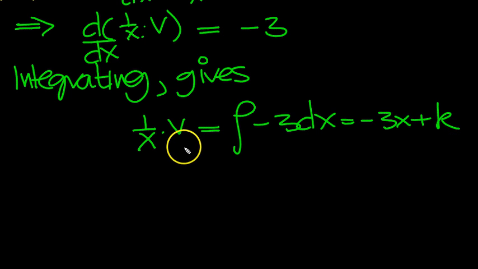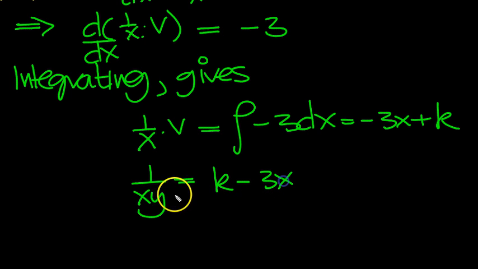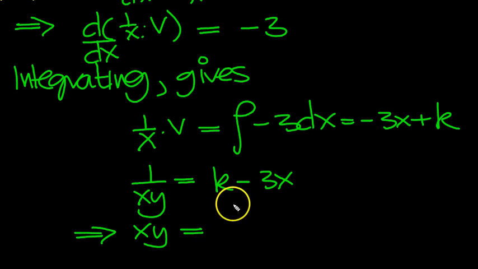Now v is 1 over y, wasn't it, in our original substitution, so we can put that in now. So 1 over x y is equal to k, I'll write that first, minus 3x. Invert both sides. So the fraction upside down on this side is equal to the fraction upside down on this side. So it'll be 1 over k minus 3x.